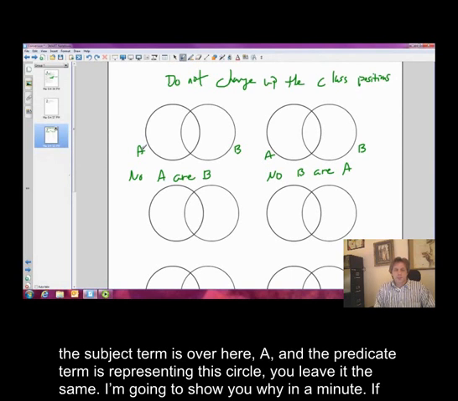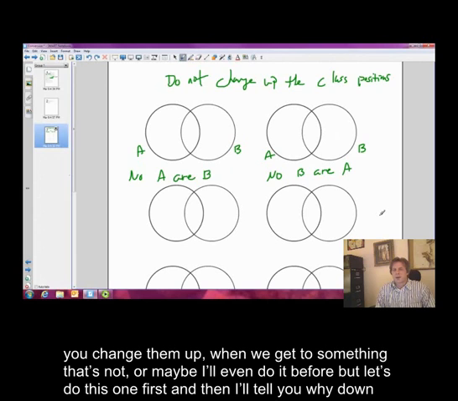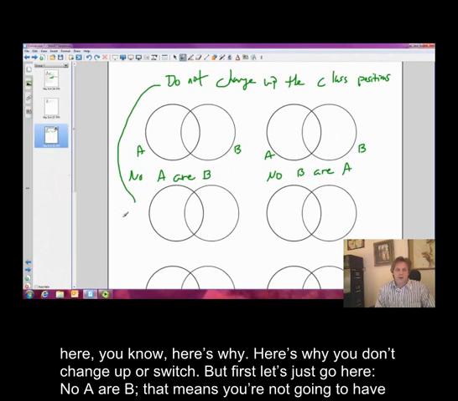If the subject term is over here, A, and the predicate term is representing this circle, you leave it the same. I'm going to show you why in a minute.